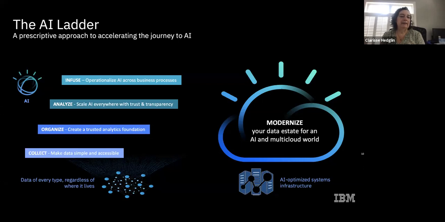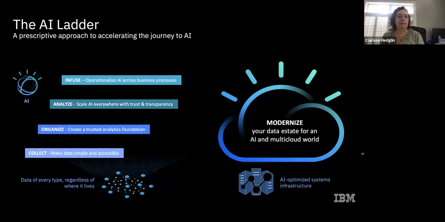And the steps are collecting the data, so making data simple and accessible, organizing it, creating a trusted analytics foundation so that the data that you need to get the insights is readily prepared so that you can go to the next step, which is analyze. And that's what we're talking about here in terms of scaling the analysis.